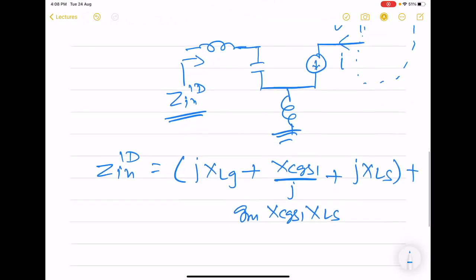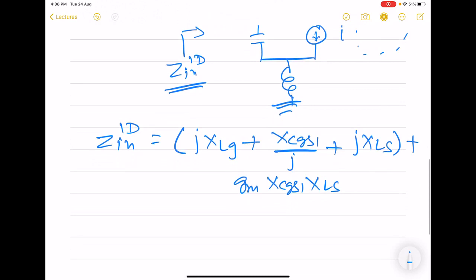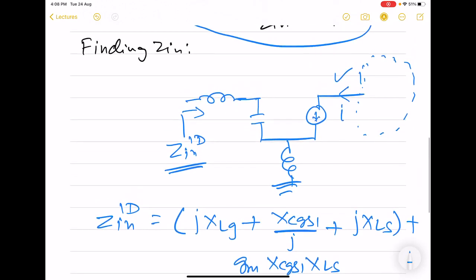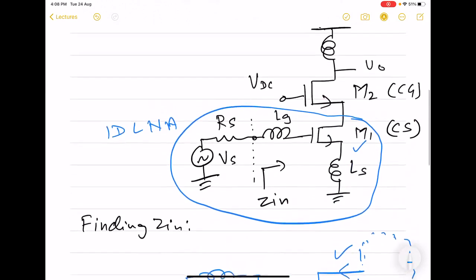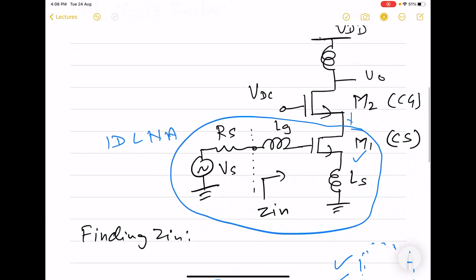This is what we had derived for the inductively degenerated case. Here also we will get the same expression as M2 will allow a certain current to exist on the drain side.